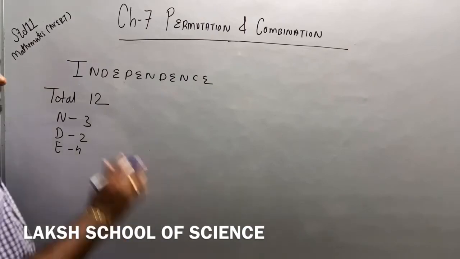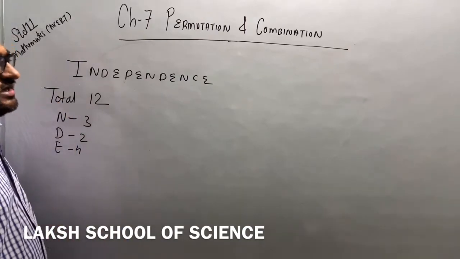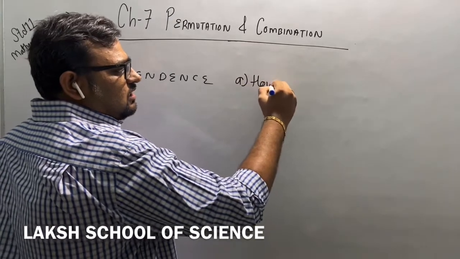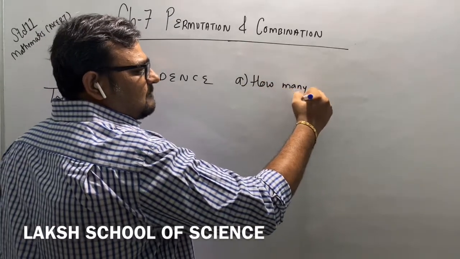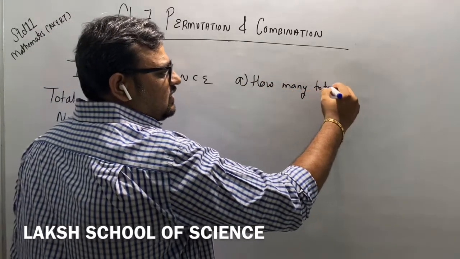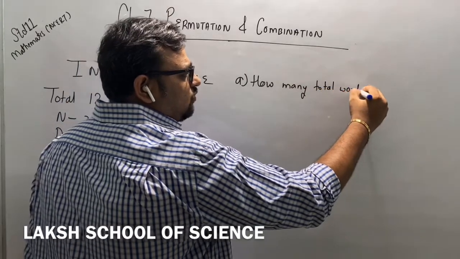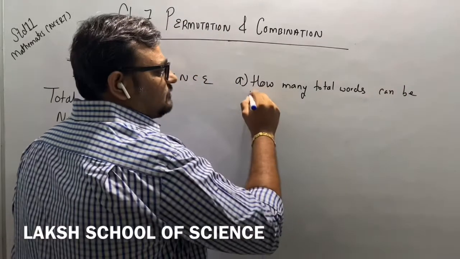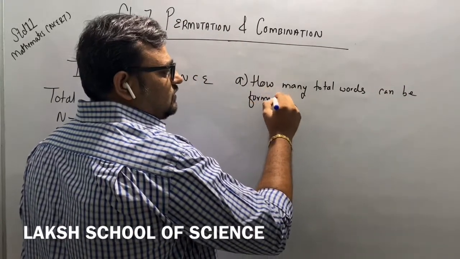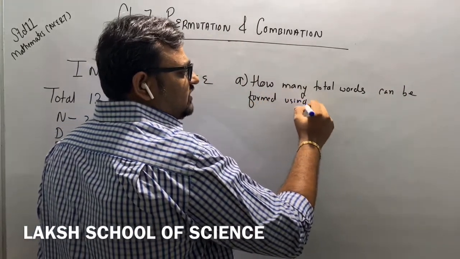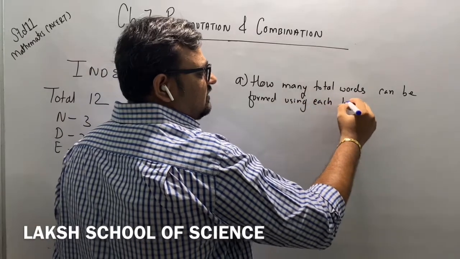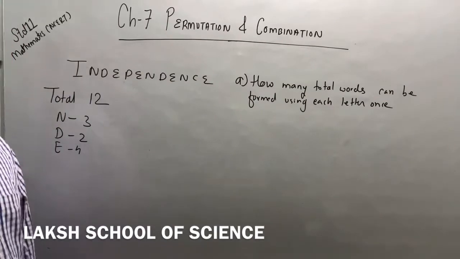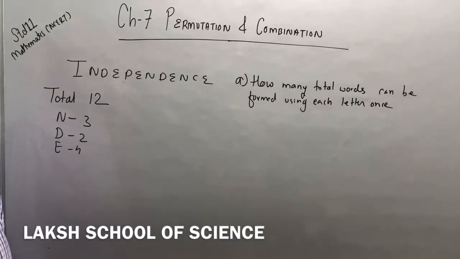So now the question is, first, how many total words can be formed using each letter once? Clear? Now, how can you solve this?